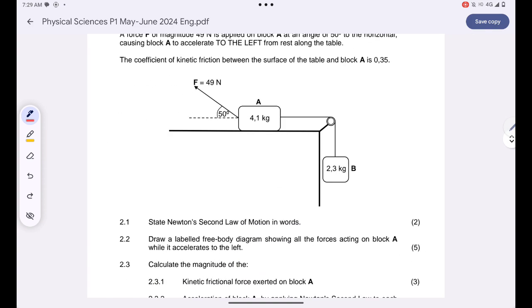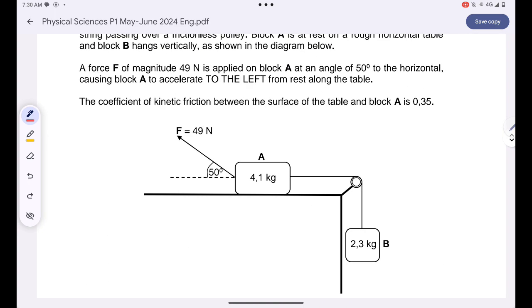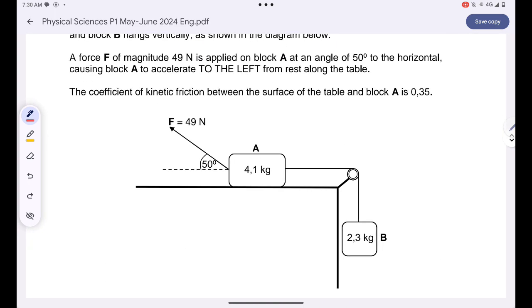Before I even start, guys, let me just draw free body diagrams for both blocks. For block A, I'll simply have an applied force which is at an angle. That's force applied. Please, guys, whenever I draw a free body diagram, do not write like me. Please label your forces completely, né?